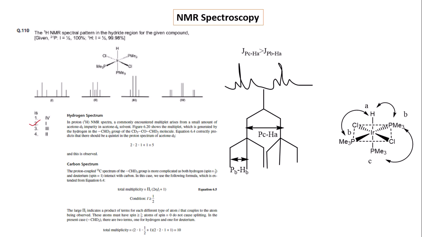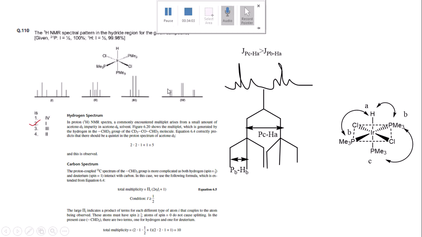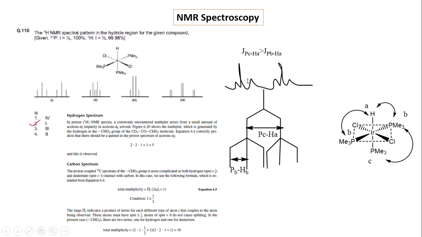And this is NMR spectroscopy, where the Karplus equation has been applied. Here the phosphorus can couple with the hydrogen, with the axial hydrogen or the equatorial hydrogen. We know that the axial coupling constant is large.